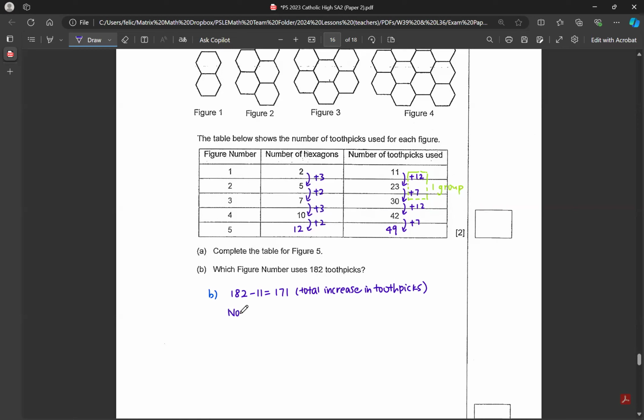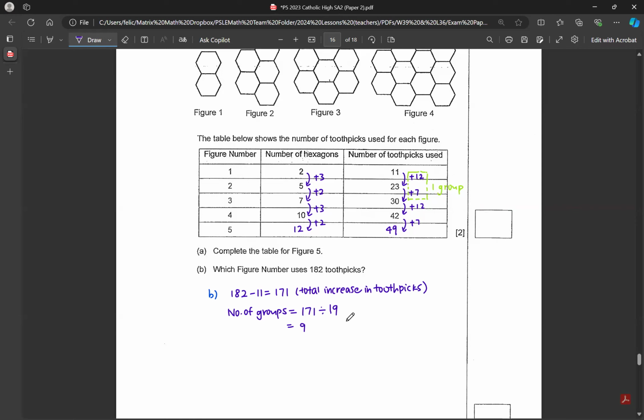So I'm going to find the number of groups. Let's hope it's a nice number. Every group is a plus 19. So to find the number of groups, you just take 171 divided by 19 per group. Luckily it's a very nice number. So that means there are 9 such groups, 9 sets of the green one that I've indicated here.